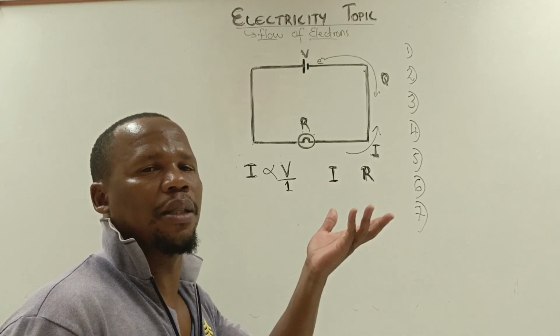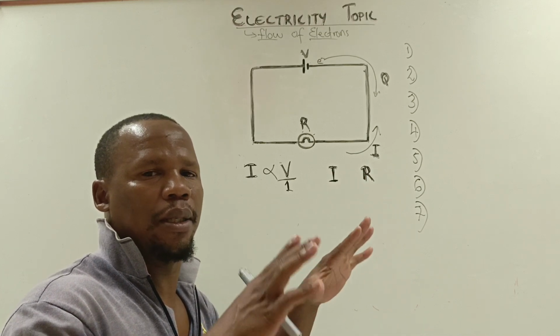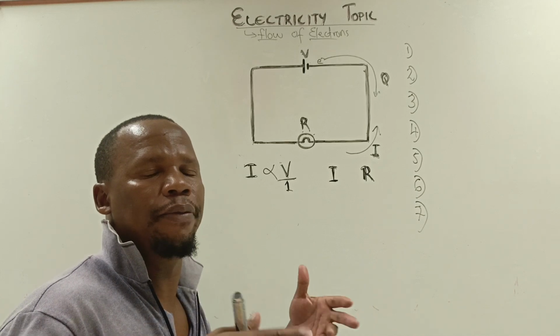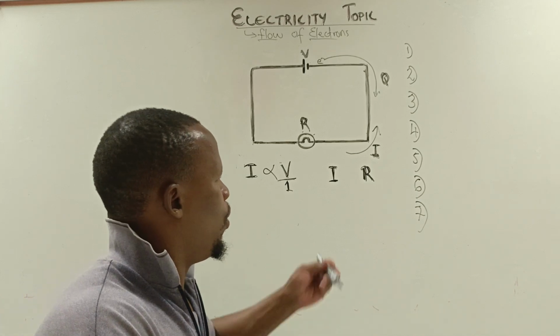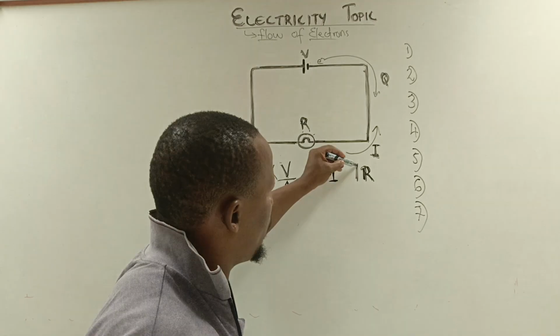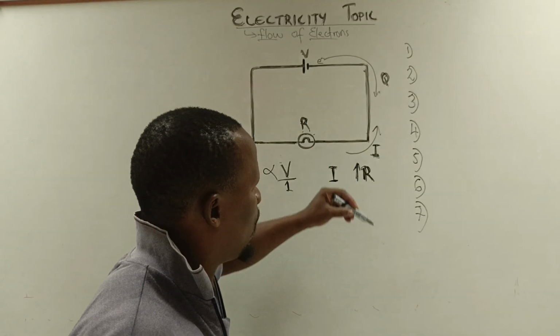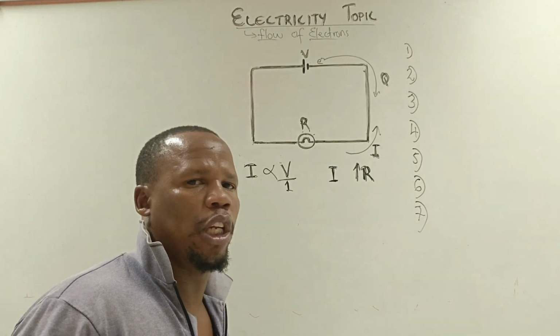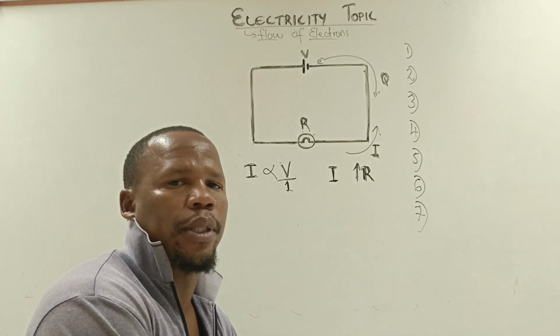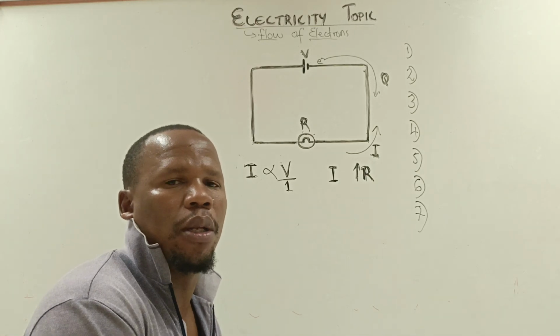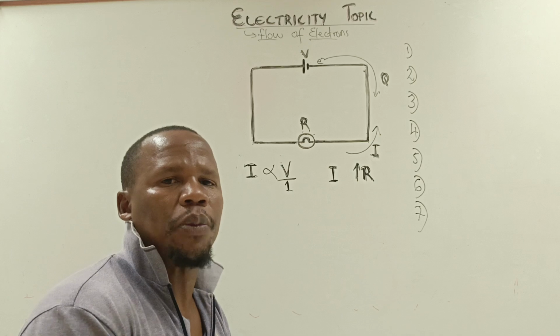If you increase the resistance, you are increasing the stoppage, you are inhibiting flow of electrons. If you increase resistance, what is going to happen to the population of electrons flowing around the circuit? Can you pause the video and think for a second?